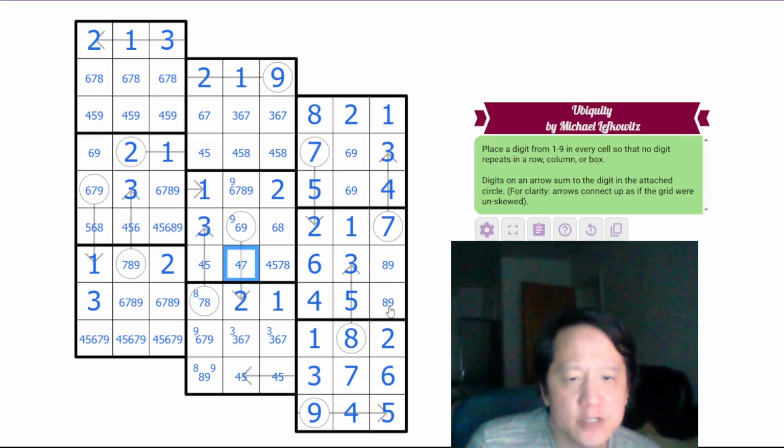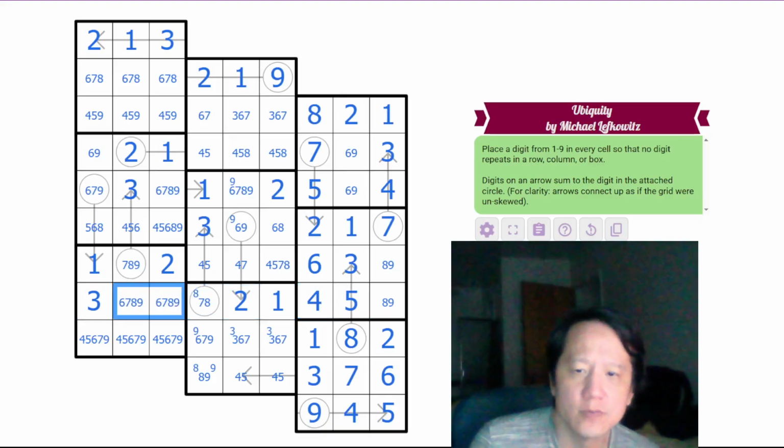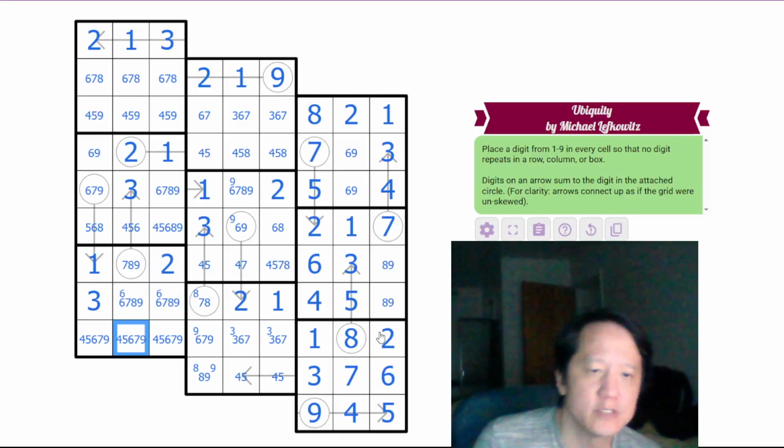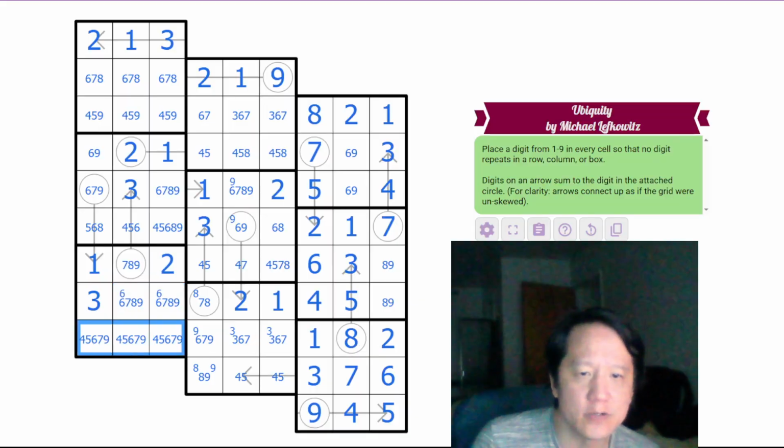Where is 6 in row 8? It has to be one of these two, which means this cannot be 6 here. Well, kind of already knew that, I guess.